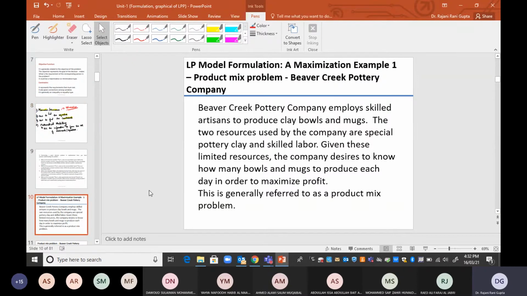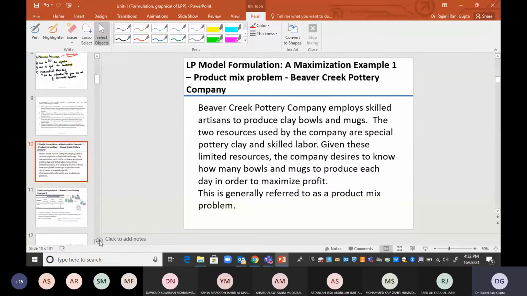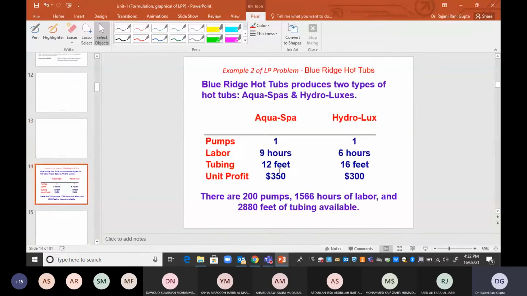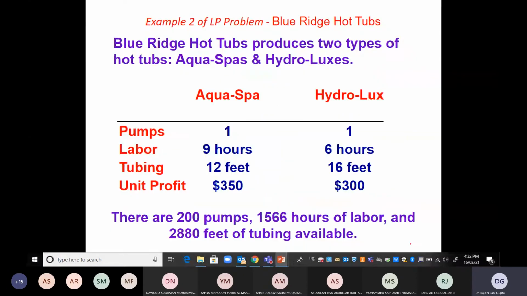The information is given in the form of a table. Pumps: both Aquaspa and Hydrolux need one pump. Labor hours: 9 hours for Aquaspa, 6 hours for Hydrolux. For tubing, the Aquaspa needs 12 feet of tubing and the Hydrolux needs 16 feet.